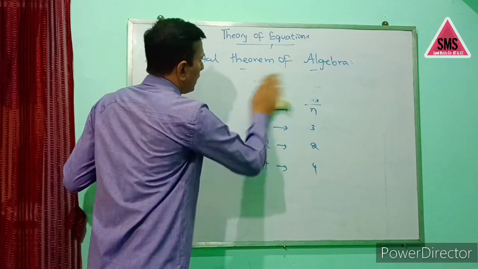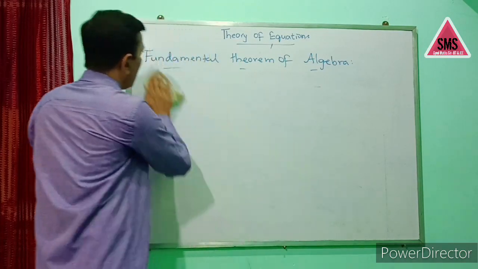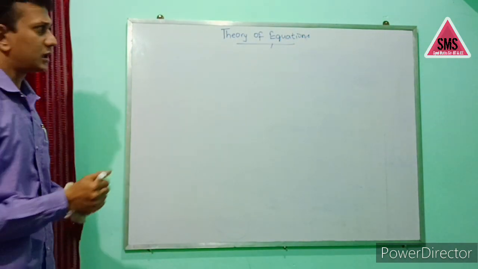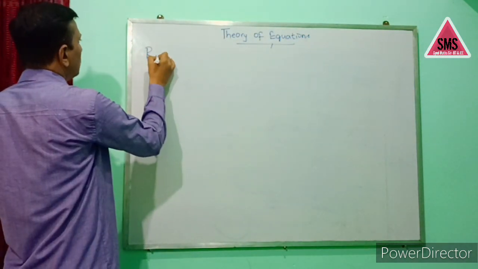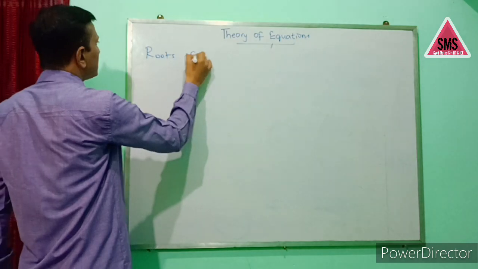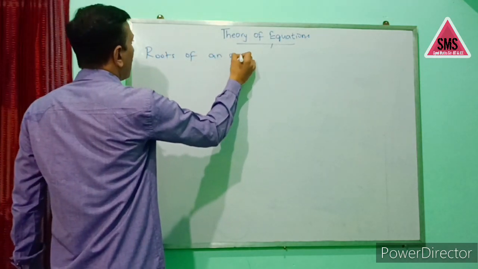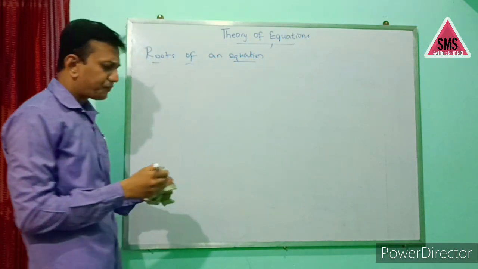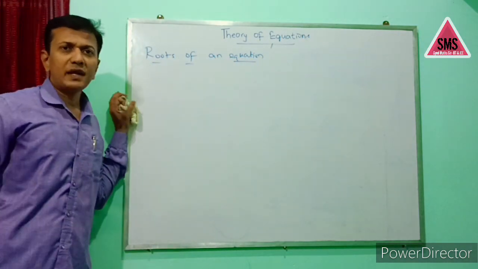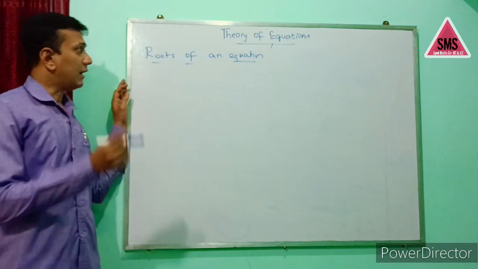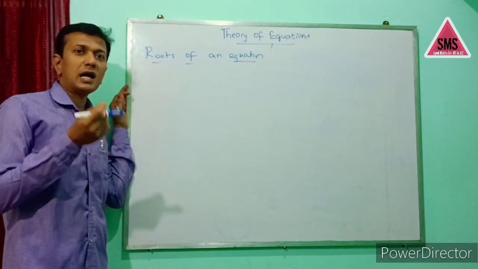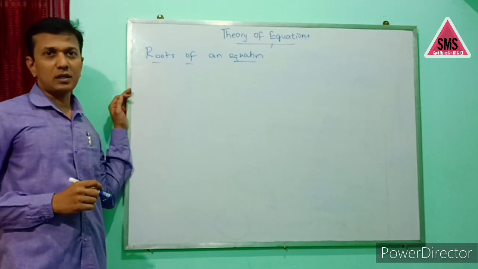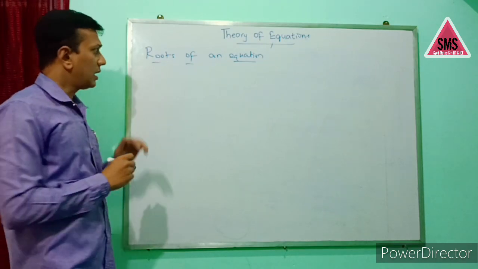Next, roots of an equation. How to find the roots of any polynomial equation? What is meant by roots? A root of an equation, polynomial equation or any other equation, is nothing but a value of x, or a value of the variable, which satisfies the equation. What is the meaning of satisfying?